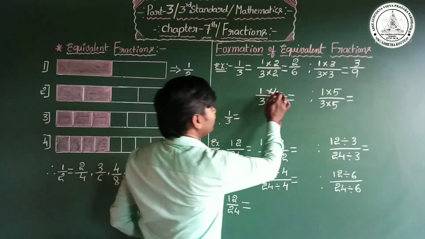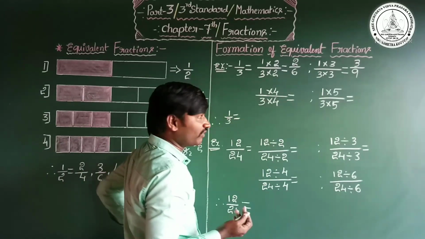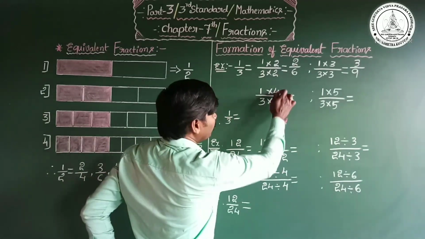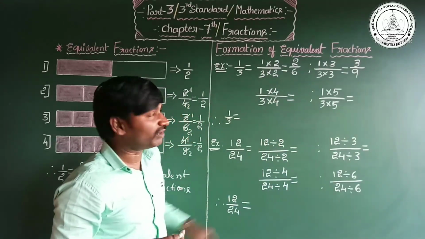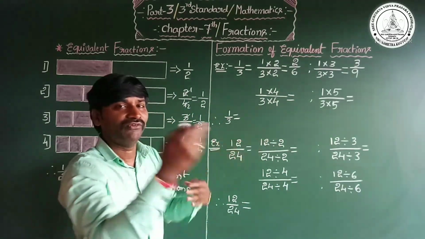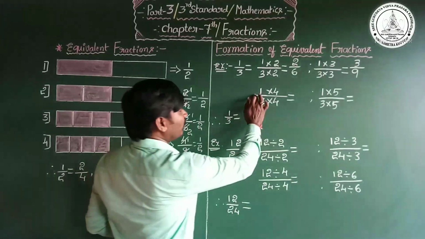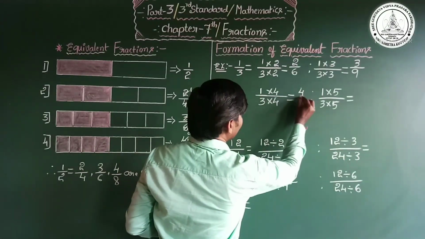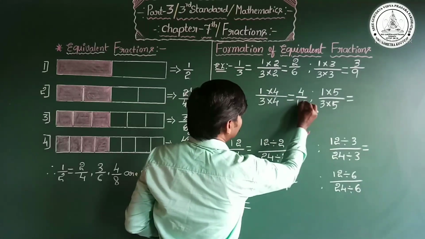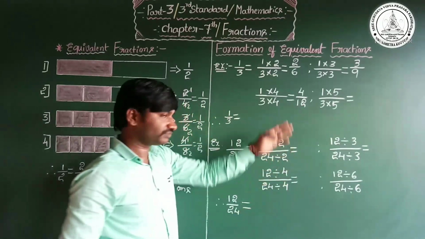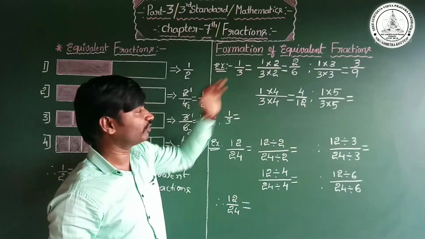The next one, 1 by 3 is the given fraction. Okay, dear student, now 4 by 4, that is the multiplying method. 1 into 4 is 4, and 3 fours are 12. This is one of the equivalent fractions of 1 by 3.